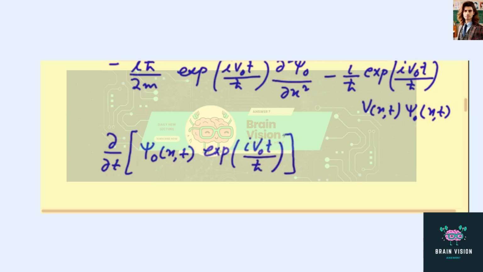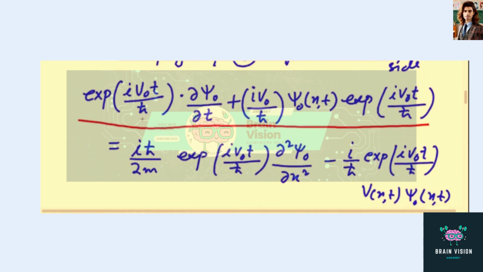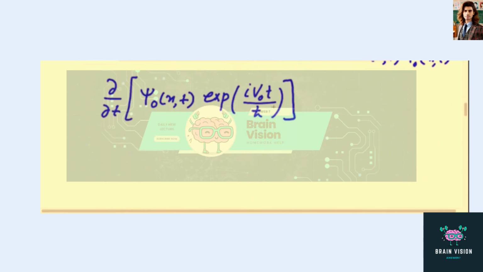If you differentiate it, psi naught is constant, the derivative of e power i V naught t by h bar is i V naught by h bar. So psi naught is constant here, and again e power i V naught t by h bar, and the del psi naught by del t is here, and it is correct.